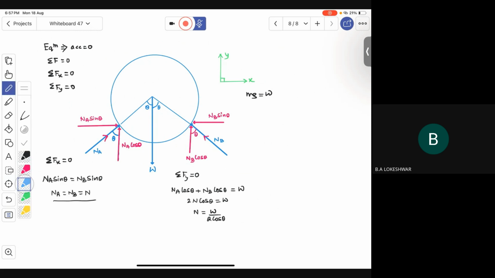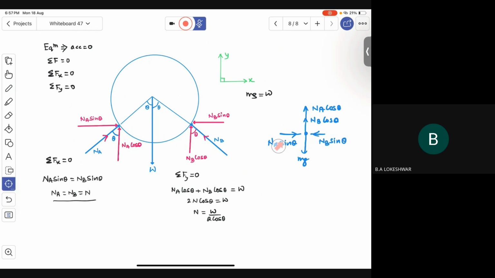So think like this. I have a point object. Suppose I had one, what all forces is it having? Na cos theta upward and Nb cos theta upward. And what else acts on it? Mg down. From the left side, it experiences Na sine theta. From the right side, it experiences Nb sine theta. So I want net force zero along horizontal.